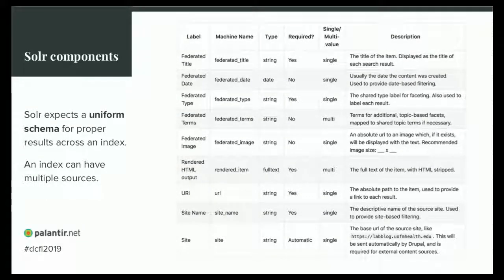This is all we're looking for. Right, this is all we're expecting. Most of these things are pretty straightforward, and these are the hard ones. Really the only one that's difficult is this federated terms concept, where we had to create our own shorthand syntax. But anything you can teach to index to Solr, this will work.